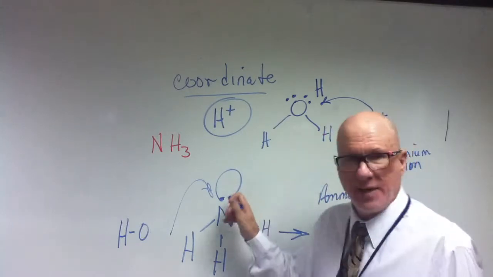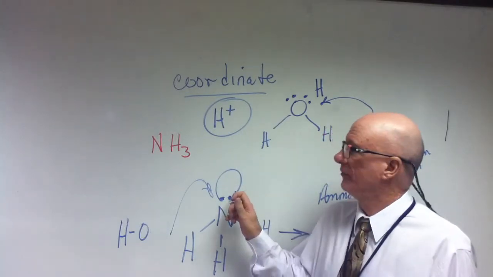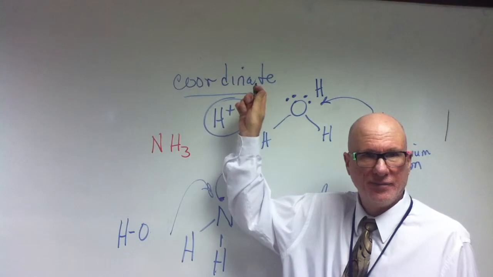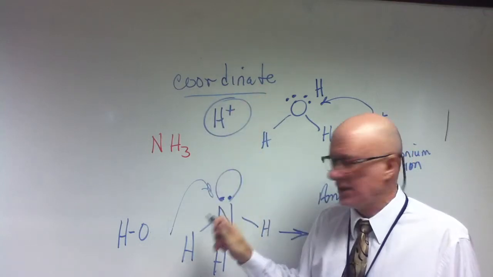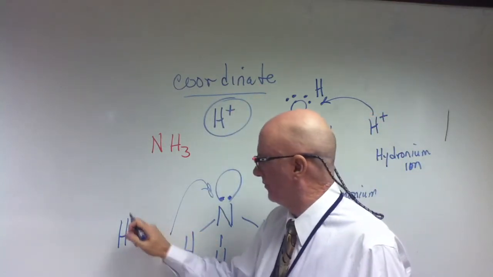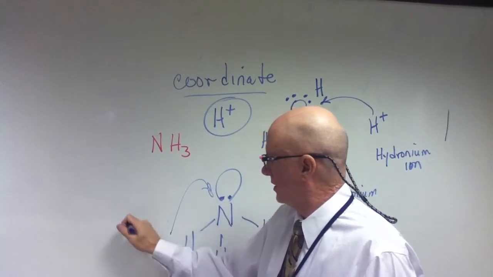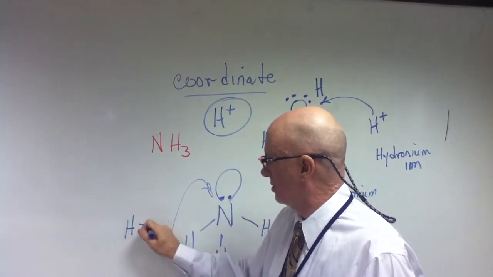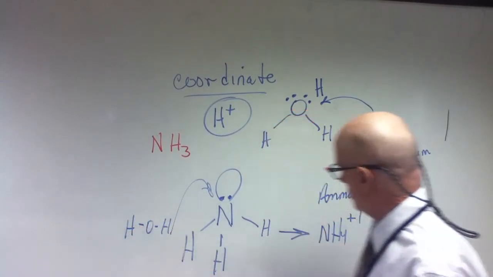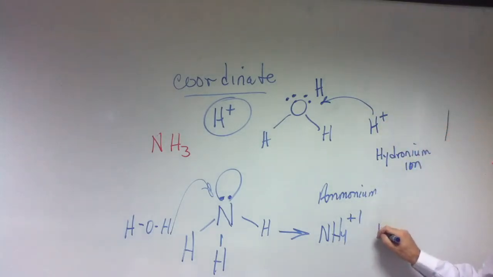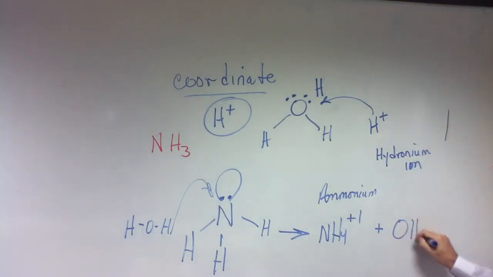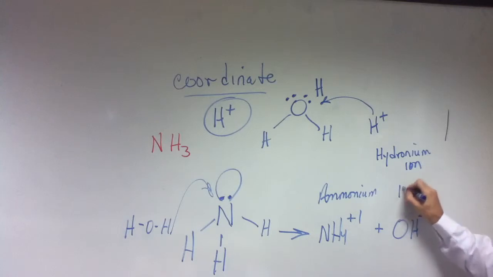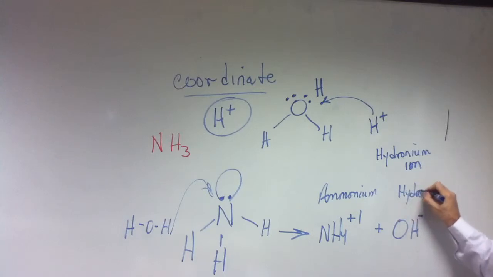What kind of bond is that? It's a coordinate bond. Right? So it's leaving. So this is going to be what? This HOH is going to be the hydroxide. So it's going to be a base. That's right.